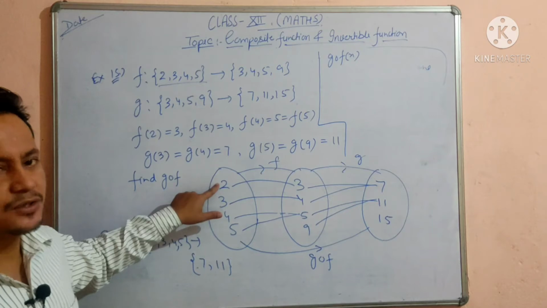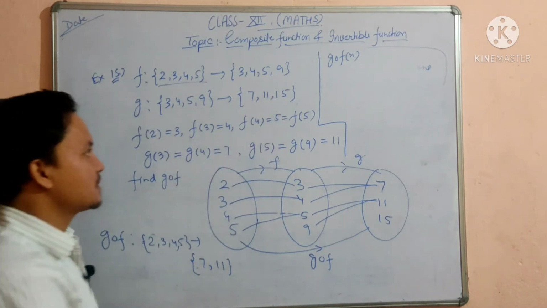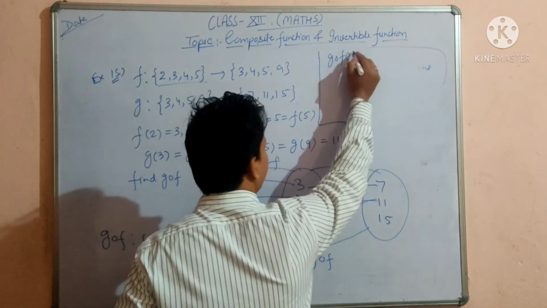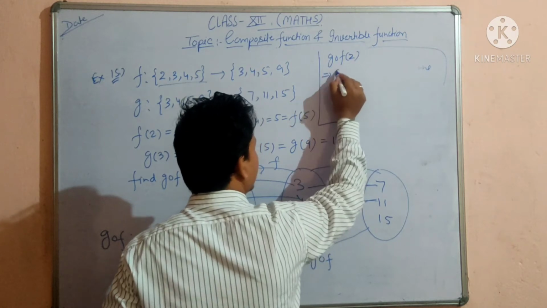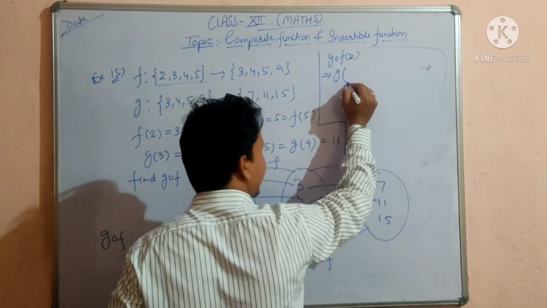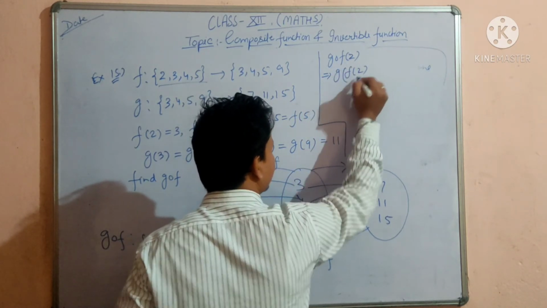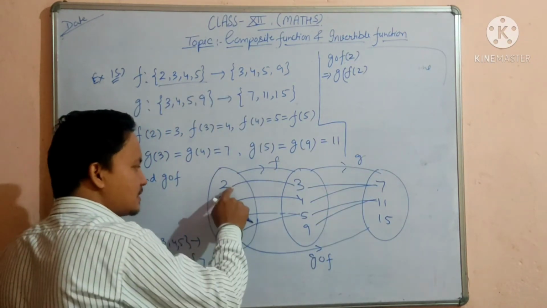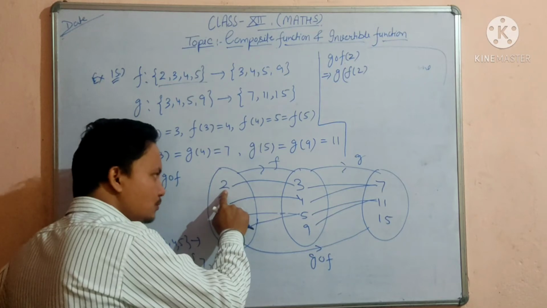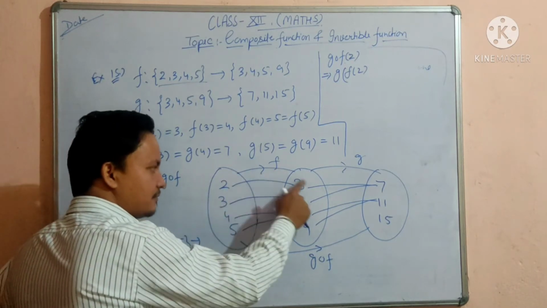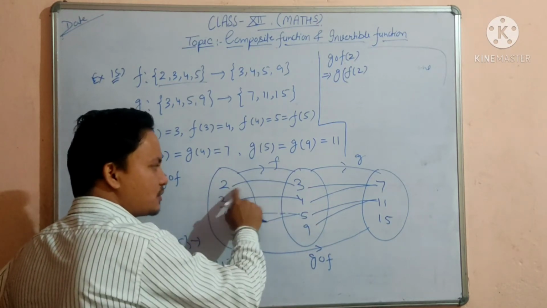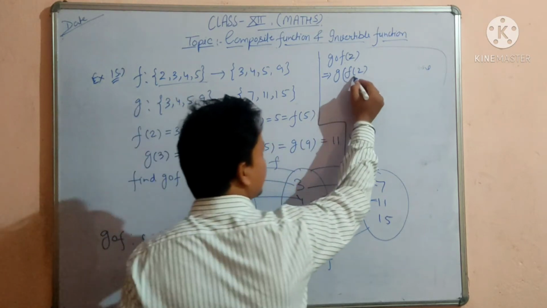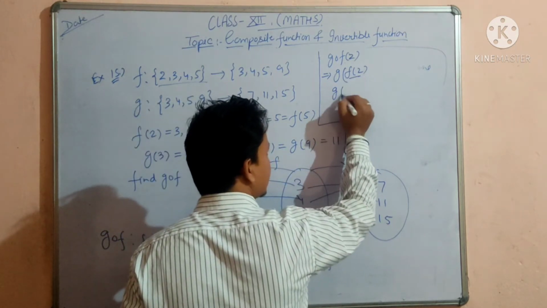The very first element is 2. So in GOF x, we first replace x with 2. Now see, this will become g of f of 2. What is the value of f of 2? F of 2 means the image of point 2 under the function f, which is 3. So we can put the value of f of 2 as 3 here.